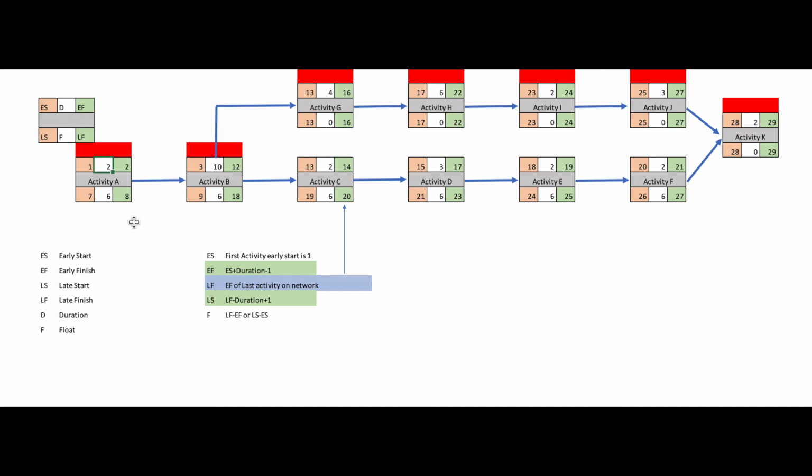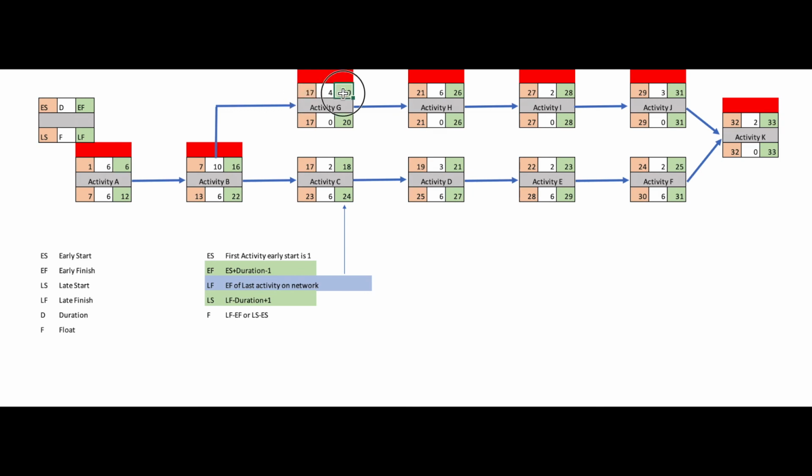What will happen? Okay, it automatically changed. 6 here, 7 here, 17 here, 17 here, 19 here, 21 here. So it automatically changed the values in all the cells.